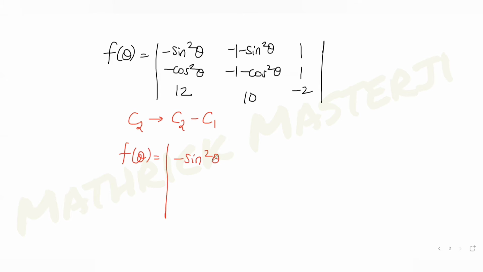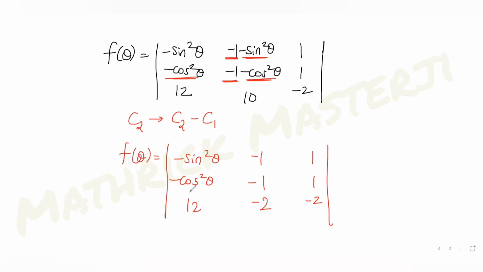The first column remains the same, and the third also remains the same. The second column becomes −1−sin²θ minus of −sin²θ, so −1−sin²θ+sin²θ, which is −1; then −1−cos²θ+cos²θ, which is −1; and 10 minus 12, which is −2. So we have this entire thing.